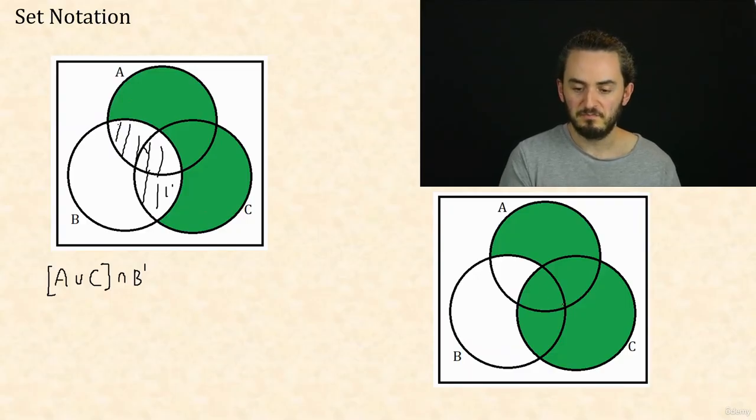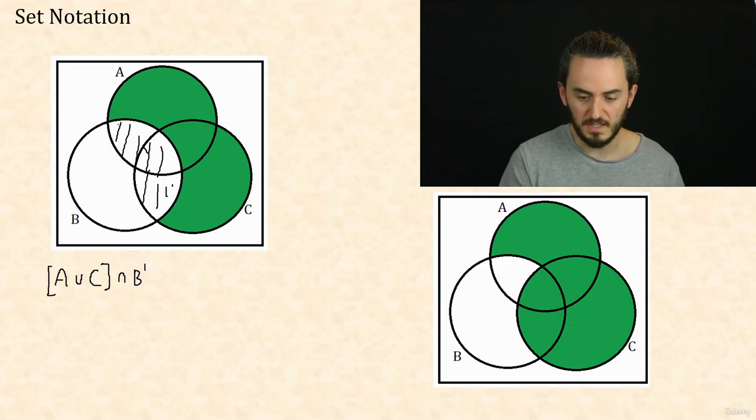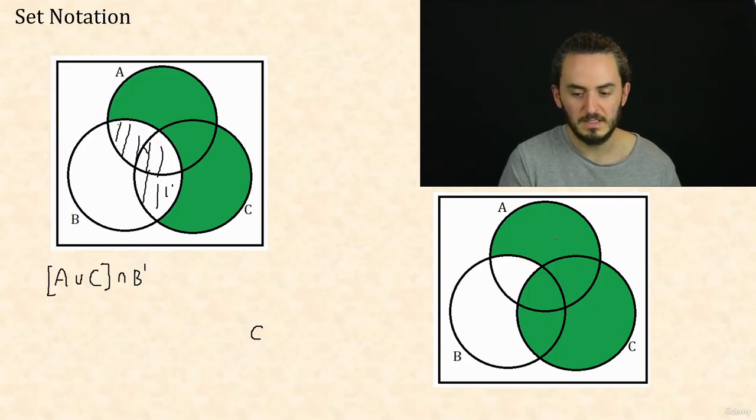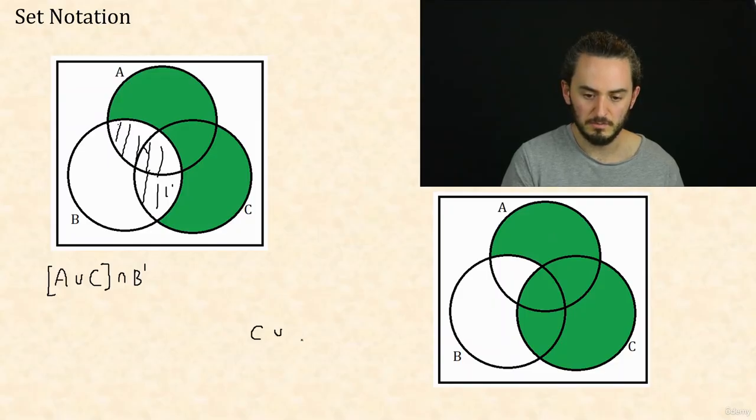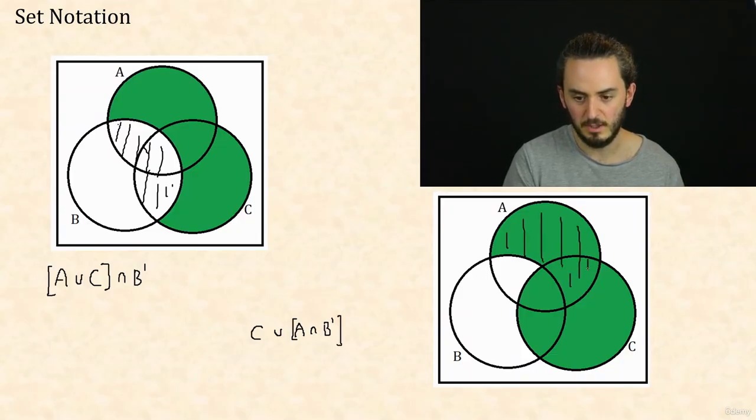What about this one? Well, we've definitely got all of C, so we can go ahead and stick that in there. So definitely C, but we also want this as well. So we could say this is C or A but not B, because A but not B is this whole section there.